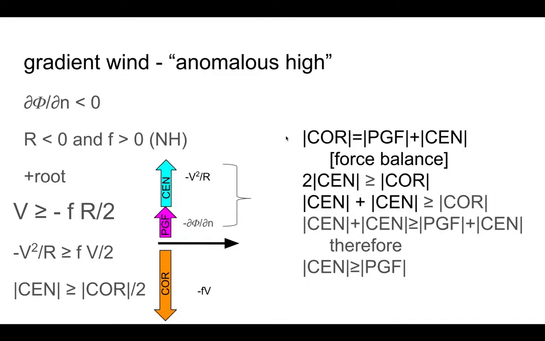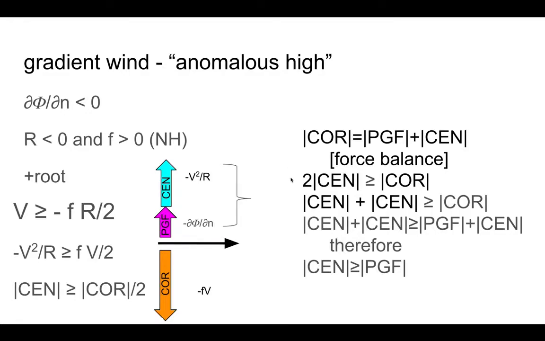Now the force balance says that the Coriolis has to be balanced by the pressure gradient force plus the centrifugal acceleration. And I'm using the absolute values of these just to simplify the situation. Okay, but Coriolis is pointing to the right, pressure gradient and centrifugal are pointing to the left.